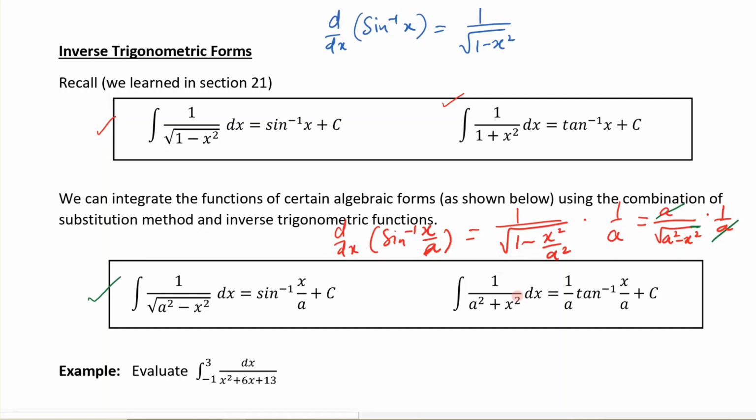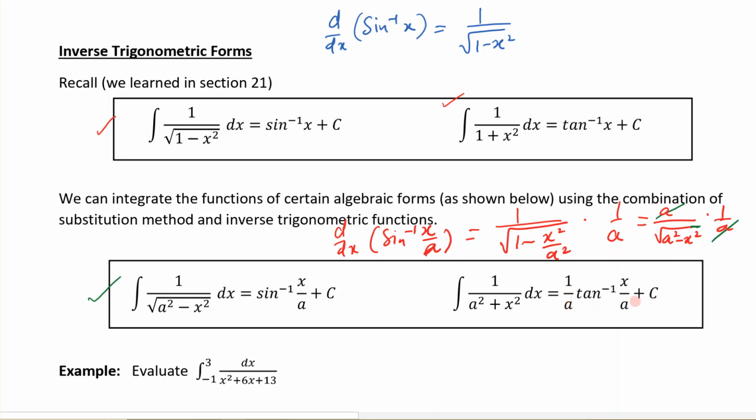Similarly, you can derive the formula for the integral of 1 over a squared plus x squared, and this is your inverse tangent form. So 1 over a tangent inverse x over a plus c. Notice that here we don't have a square root in the denominator, so that's why we have one extra 1 over a which was left over.